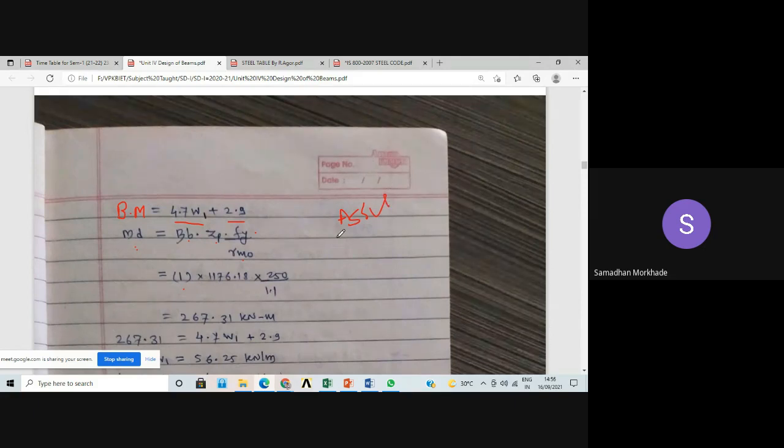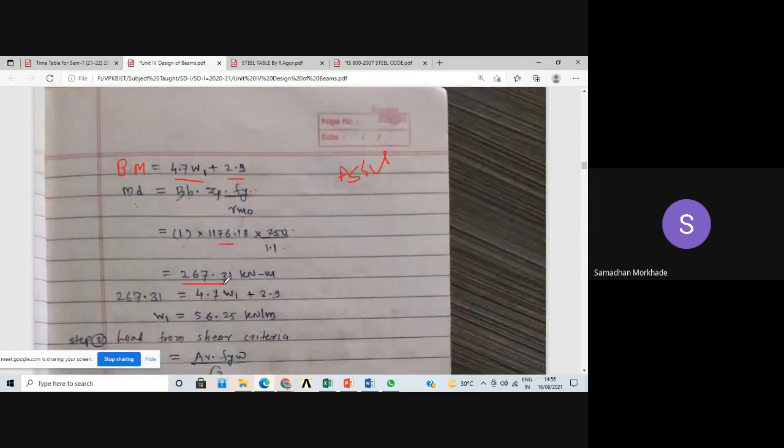ISMB 400 will become a plastic section. Okay, here I have not classified it; you can classify later on, that is B by TF and H by TW, D by TW. So beta B is 1, ZP is 1176.18, Fy is 250 divided by 1.1. So it comes out to be 267.31 kilonewton meter. It is the design bending strength.